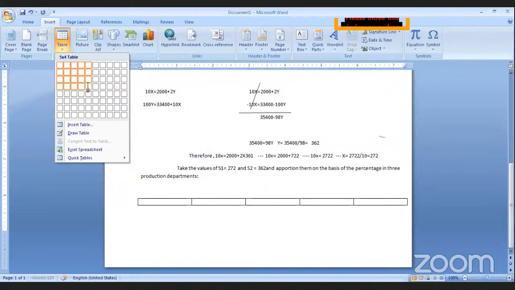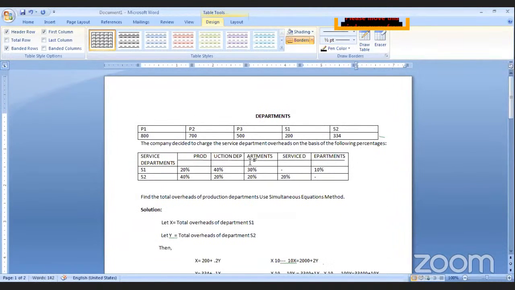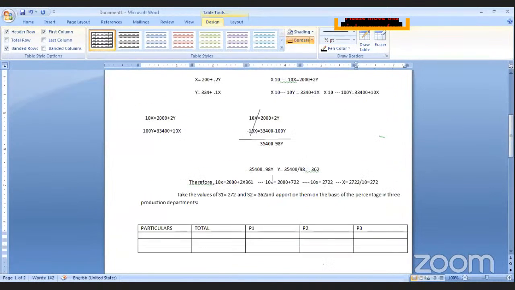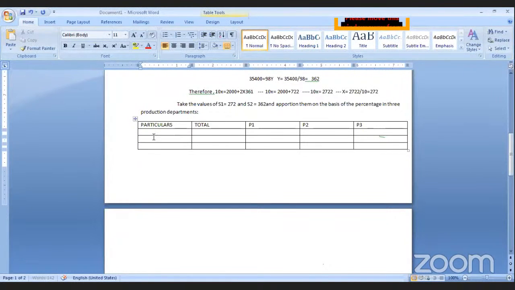So like this, you have to draw particulars, then total, service department P1 is there, P2 is there, and production department, sorry, P3 are there. So P1, P2, P3, these 3 are the production departments.